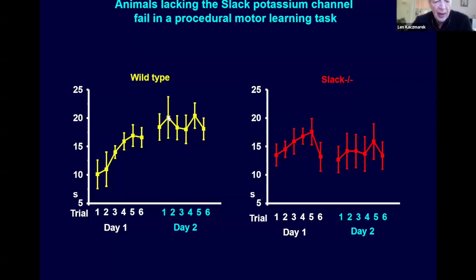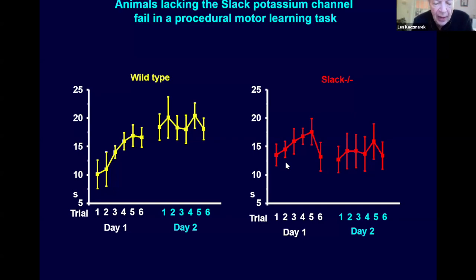Then you put it back on that rotating rod the next day, and it's doing perfectly well. It remembers what it did the previous day. In contrast, the SLAC knockout mice don't learn to do this, and obviously the next day they don't know better because they didn't learn it in the first place.